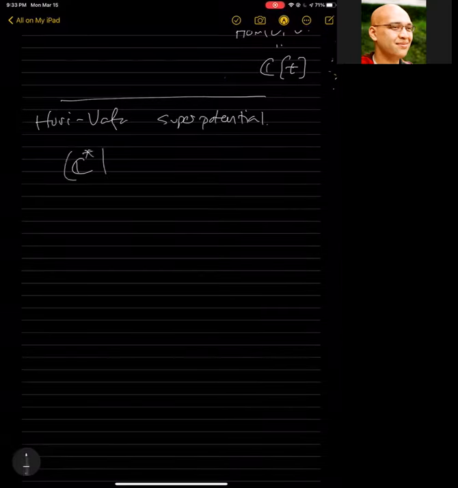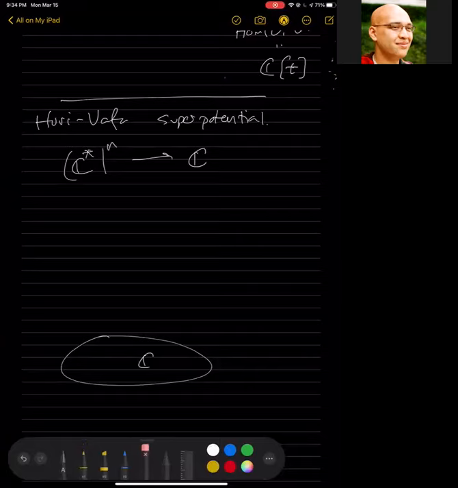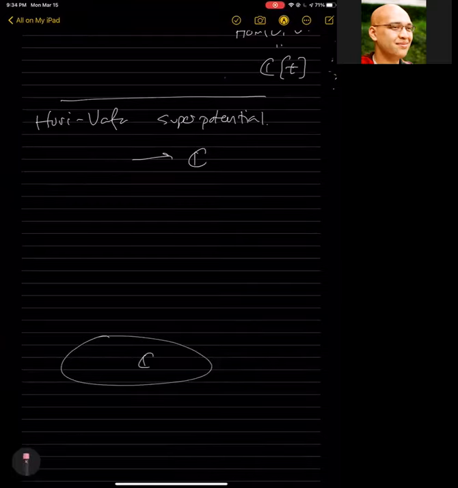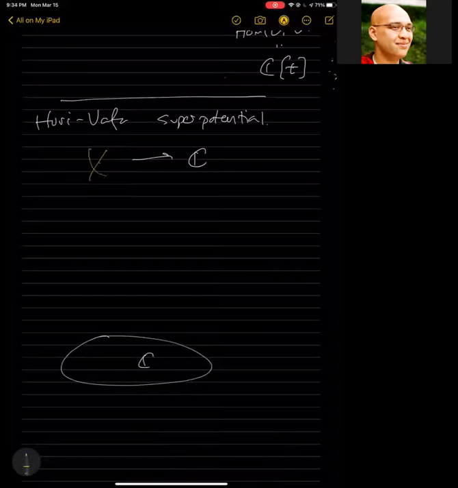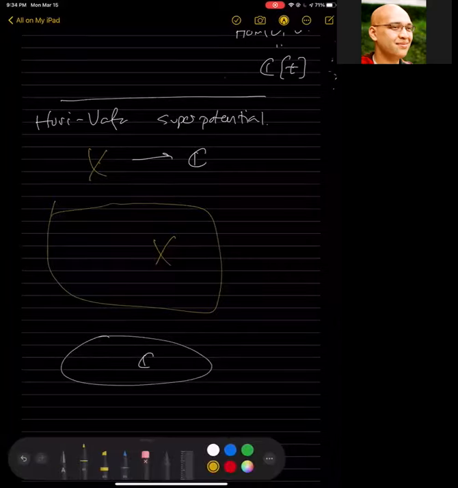Here is C, and this is C star to the n. Let me just call it X, and X is some symplectic manifold.